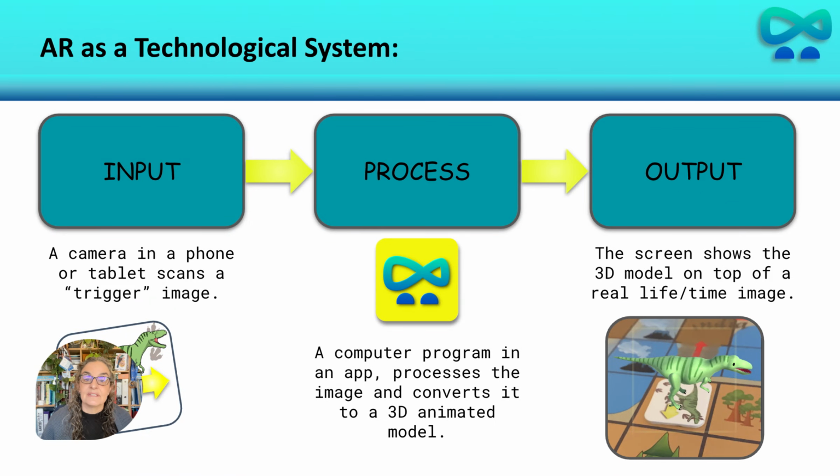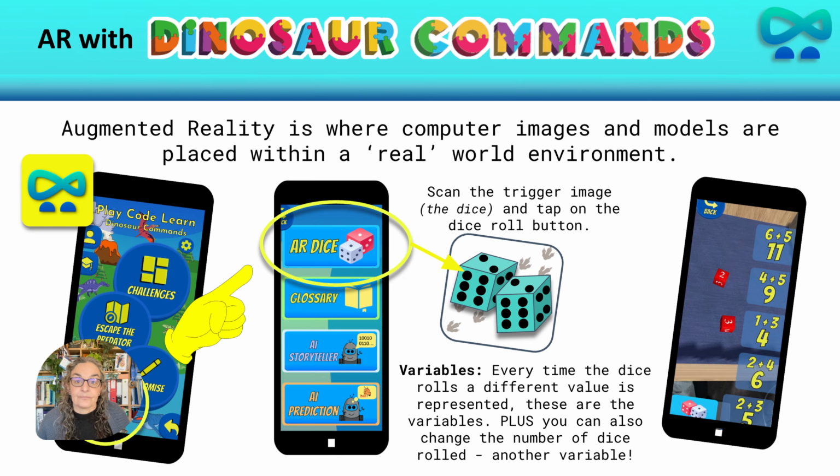Then a computer program, in our case the ByteEd app, processes that image and converts it into a 3D animated model, which you can then view superimposed onto real life. And that is the output. Other outputs included are animation and audio, in conjunction with that 3D model being viewed through the screen.